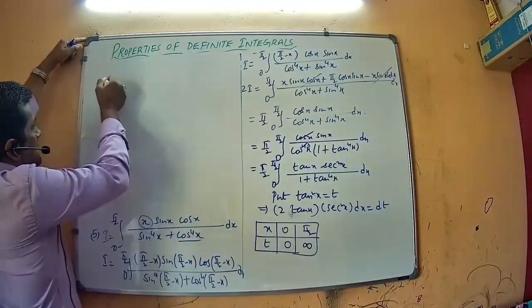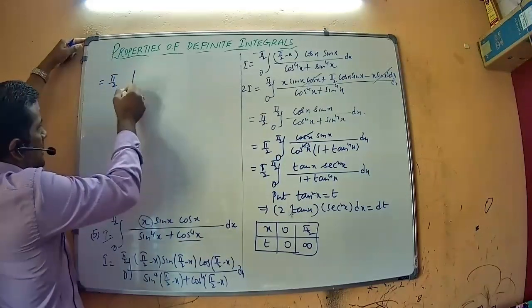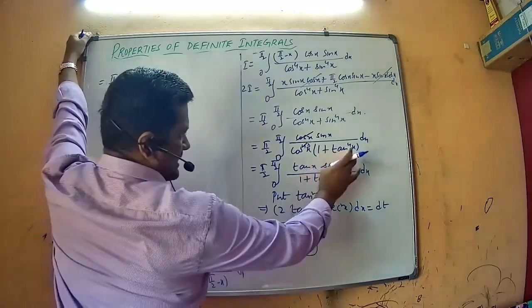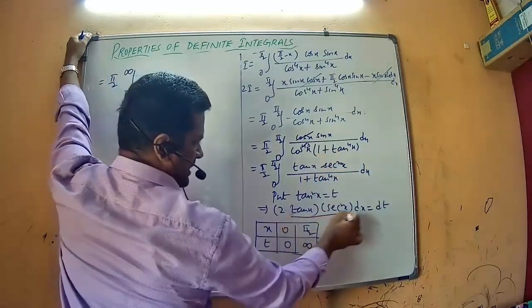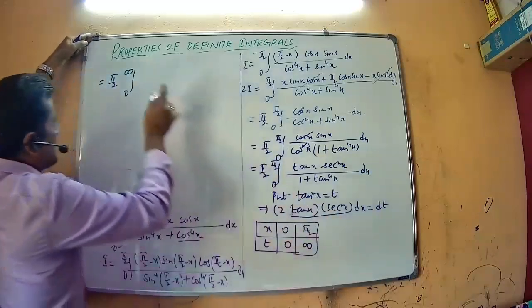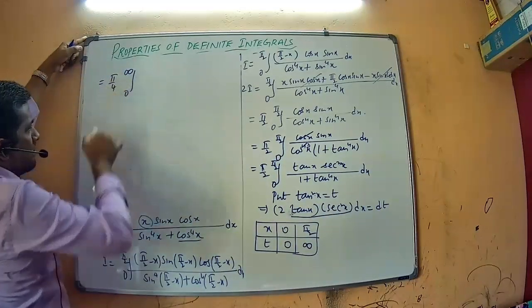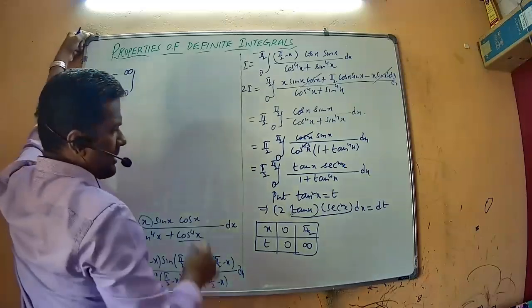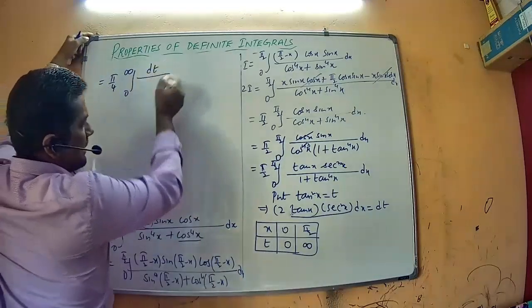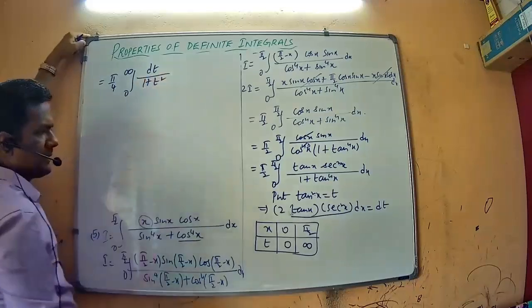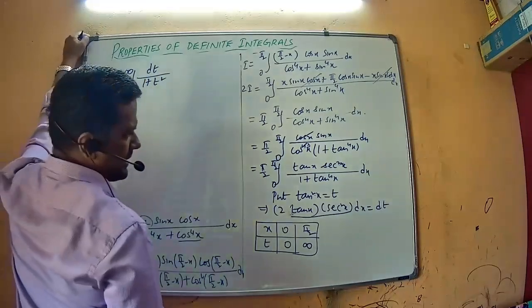So the new limits will be pi by 2 into integral of 0 to infinity, tan x into secant square x dx, from this is 1 by 2 dt. So write 1 by 2 outside. Already pi by 2 is there. It will become pi by 4. Okay. So this is dt by 1 plus t square.